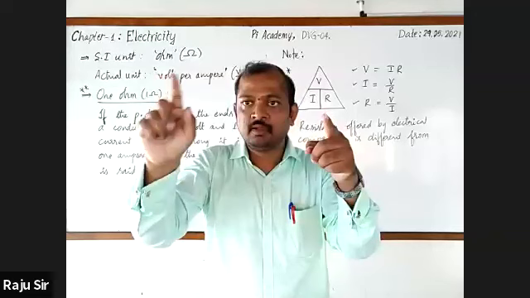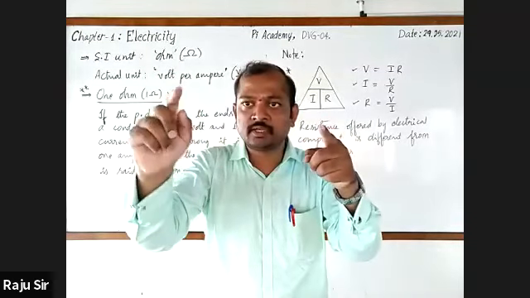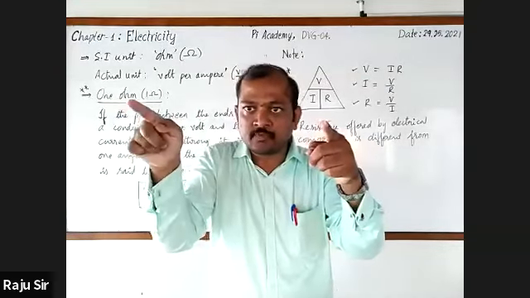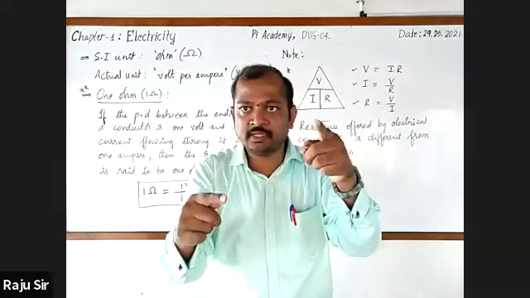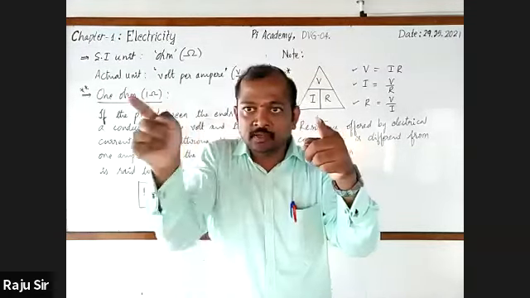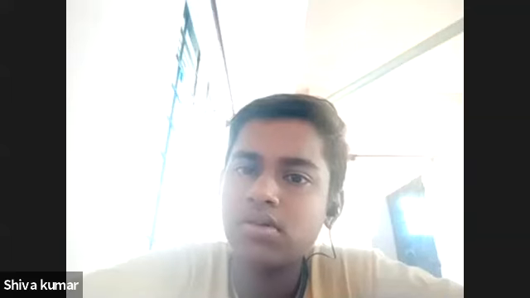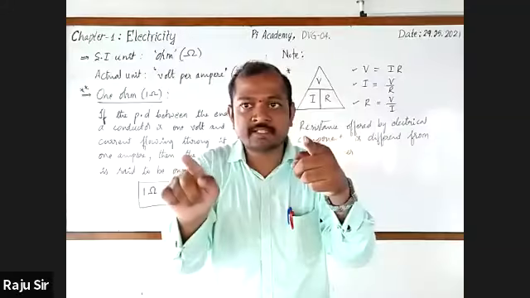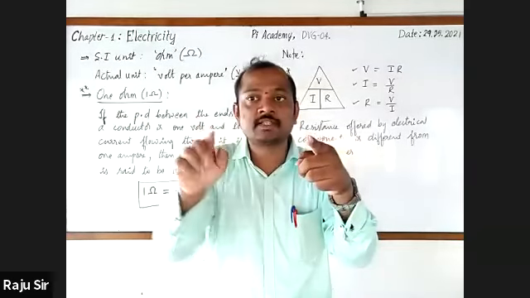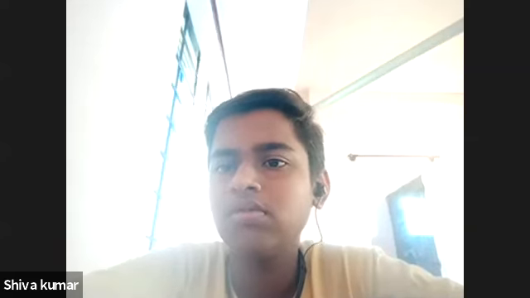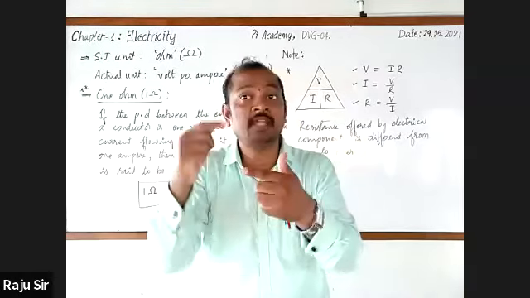In copper, atoms are packed loosely, comparatively to iron. In copper, electrons can flow easily, comparatively in case of iron. If electrons can flow easily, will there be more opposition or less opposition for the flow of electrons? Less opposition. If there is less opposition for the flow of electrons, electric resistance will be high or low? Low, right? That means copper offers low electric resistance than iron.